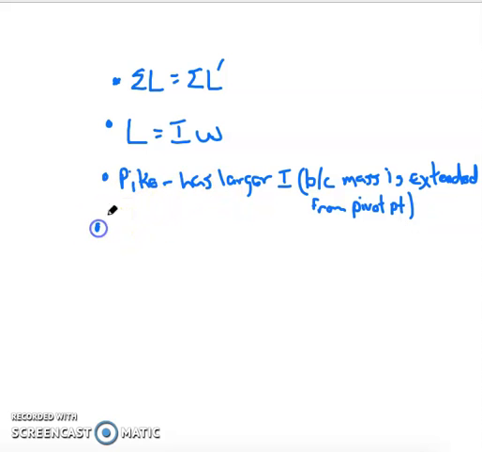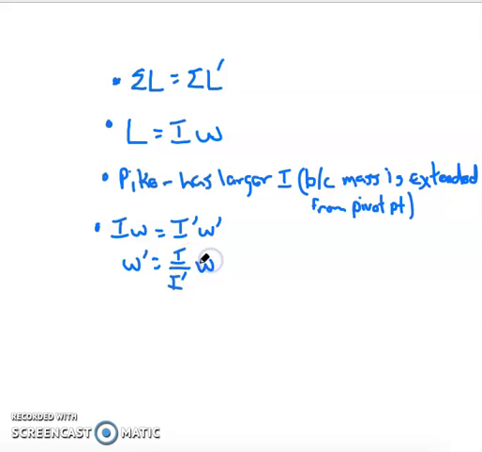Then you make the statement that if we have I omega equals I prime omega prime, then that means that omega prime is going to equal the ratio of their moments. In other words, just show there's an inverse relationship between I and omega.